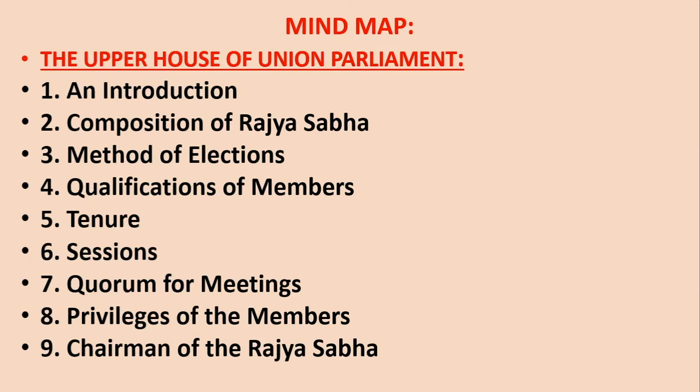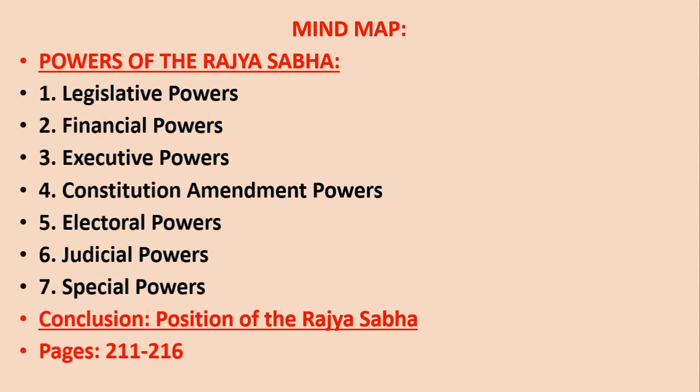Now, I will discuss what we have done today. Under the topic of the upper house of the Union Parliament, after the introduction of the topic, I have discussed with you the composition of Rajya Sabha, then methods of election, qualifications of members, tenure of the Rajya Sabha, sessions of Rajya Sabha, quorum for meetings, privileges of the members, and chairman of the Rajya Sabha.